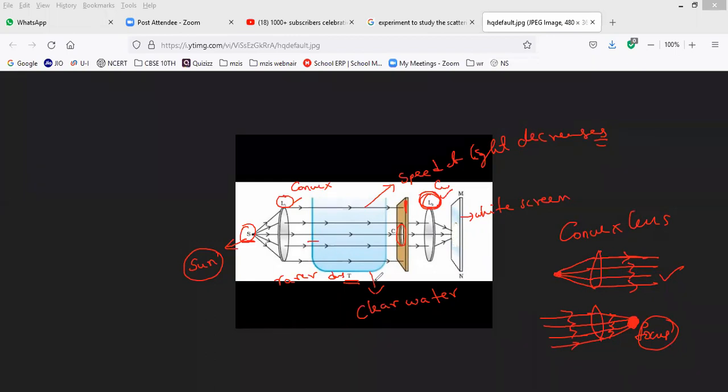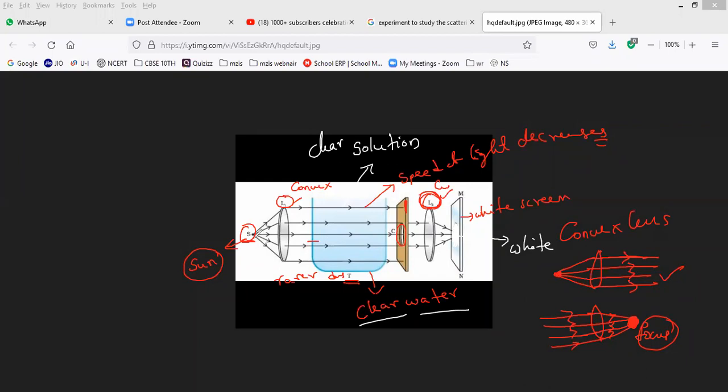Why? Anybody can say? Because it is traveling on which medium? It is traveling on a true solution or clear solution. So in a clear solution, no scattering of light will take place. It is the clear solution or clear water, so no suspended particles are present to scatter the beam of light.